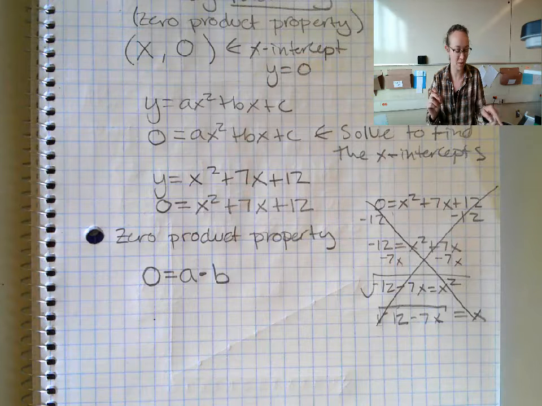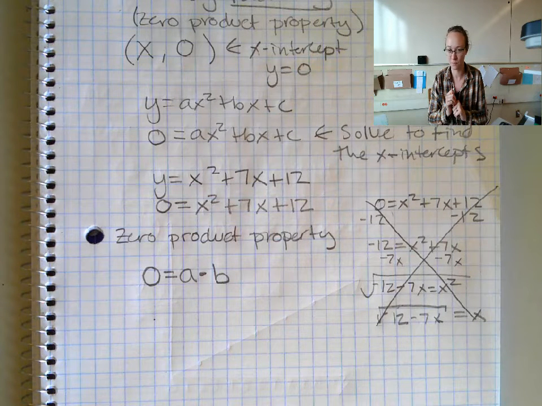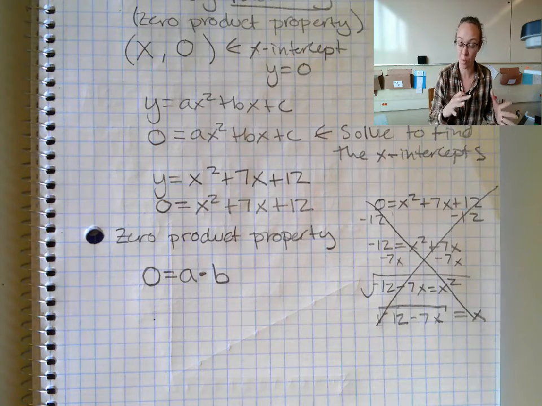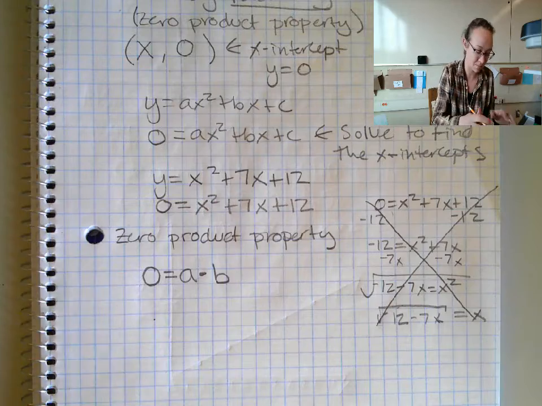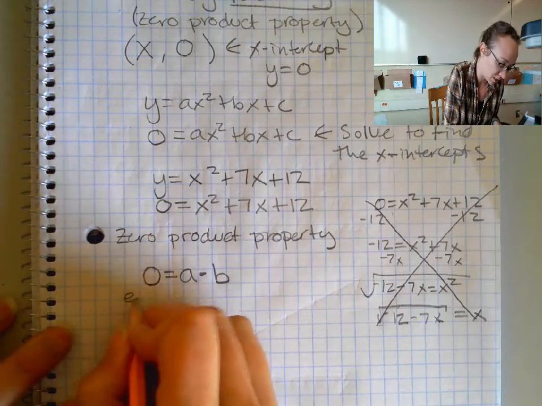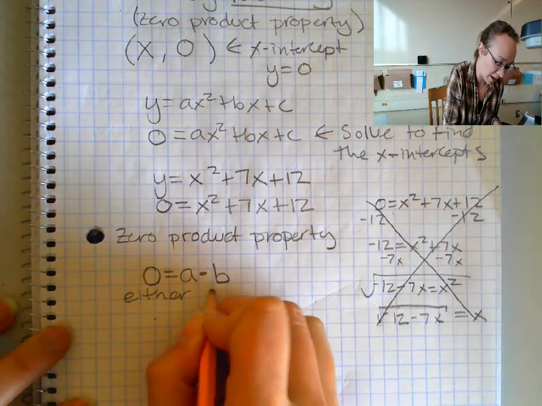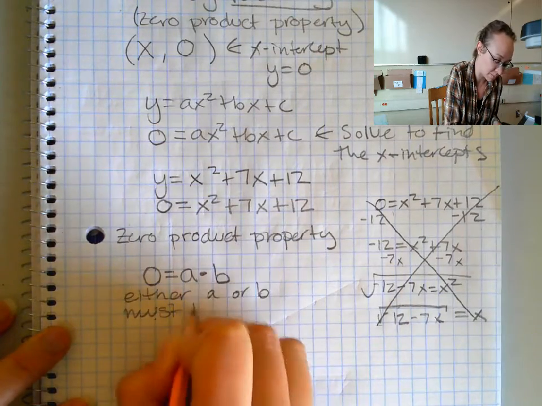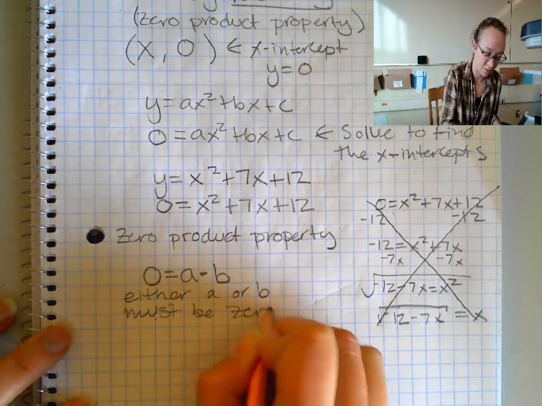When I multiply them together, I get 0. What must be true? Hopefully you've decided that one of those numbers must be 0. So either a or b must be 0, right?